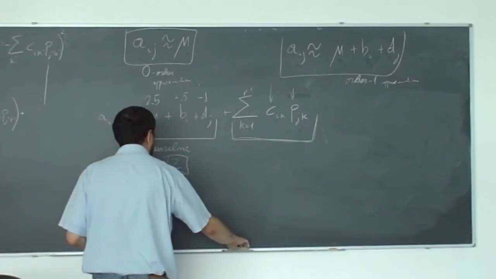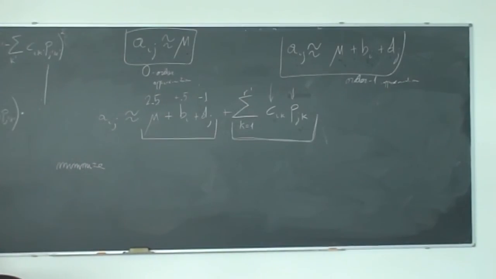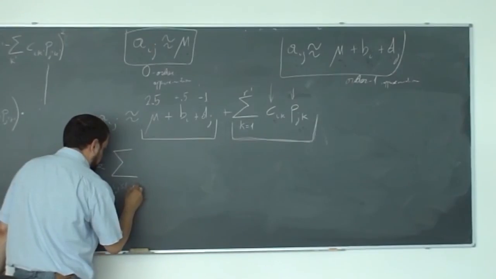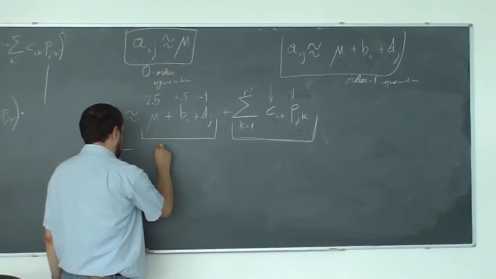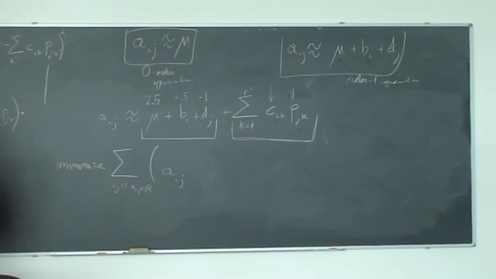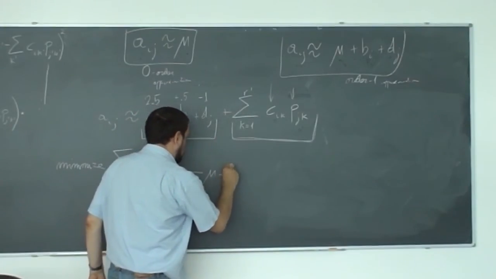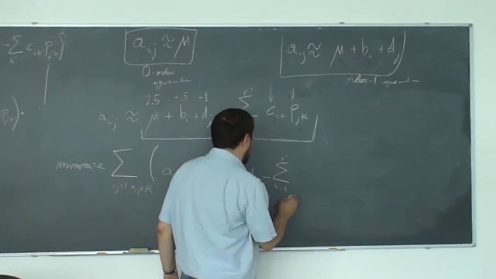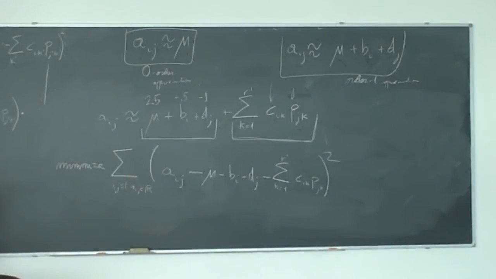So what we actually minimize is the sum for all i, j such that Aij is real, of the original vote Aij, the recorded vote by user i for item j, minus this approximation, so minus mu minus b_i minus b_j minus the sum, for k going from 1 to r prime, of c_ik p_jk, squared. So the sum of the squared errors as before.